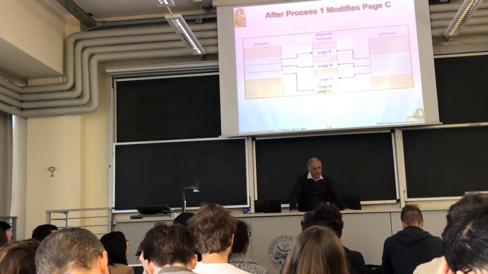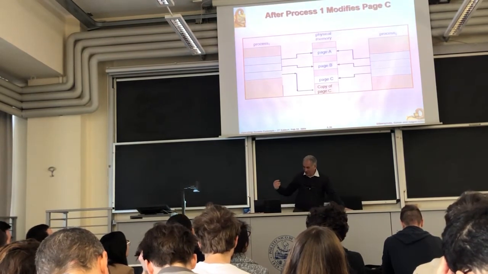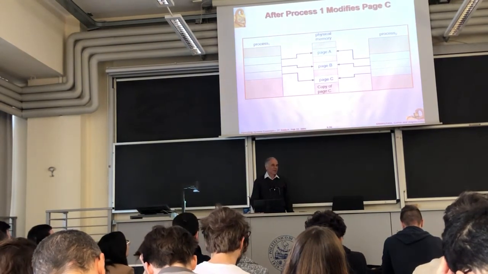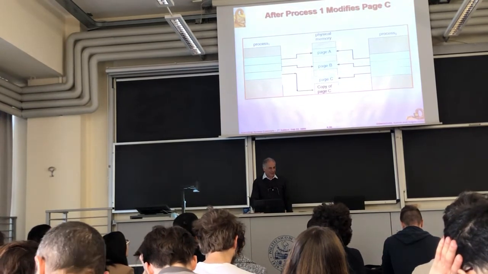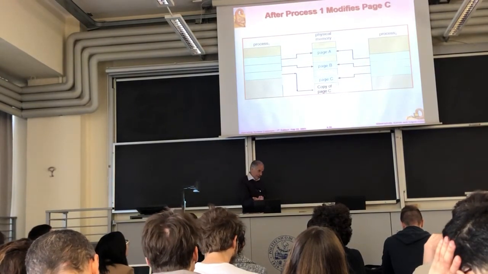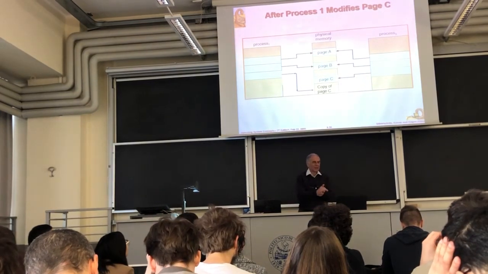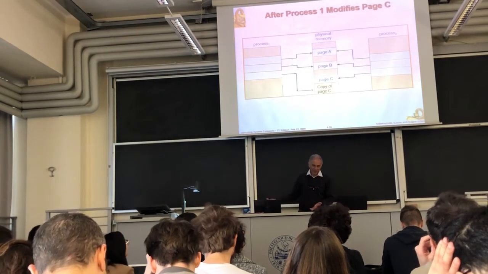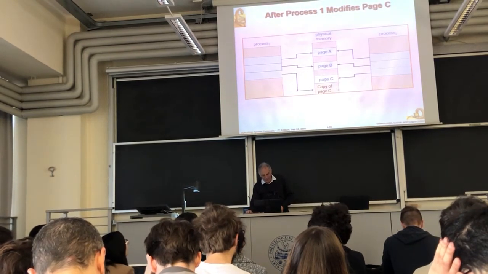Which page is shared? You see? A, E, and C? Initially, yes. But after one of the processes, in this case process 1, changes something on a page that is shared, this is modified in this way, or the other way around. So process 1 modifies C, but before modifying C, it is copied, and there is a link for process 2 that goes here.